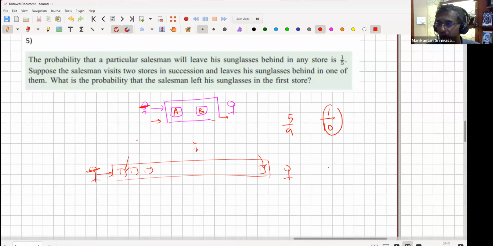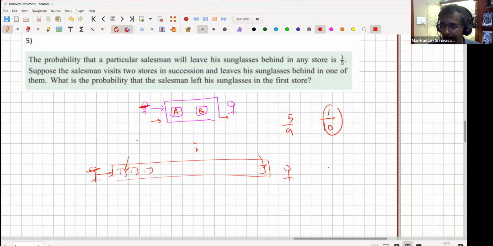More likely he forgot it in store 1, because for him to forget in store 100, he must have not forgotten in all of these intermediate steps. Only then he had an opportunity to forget in the 100th store. So for him to forget at 100, he has to cross so much hurdle. Whereas for him to forget in store 1, it's easier actually.